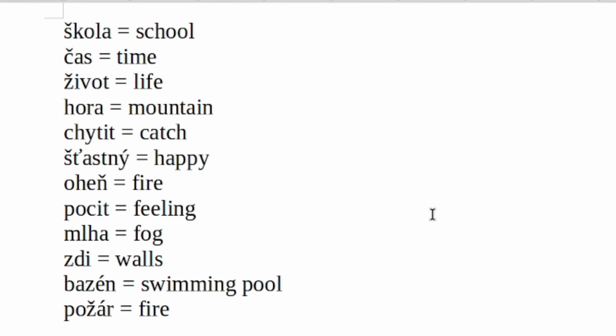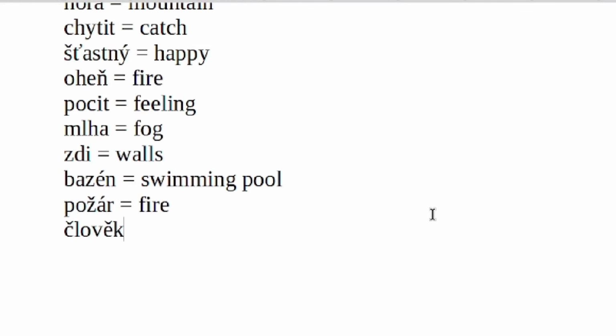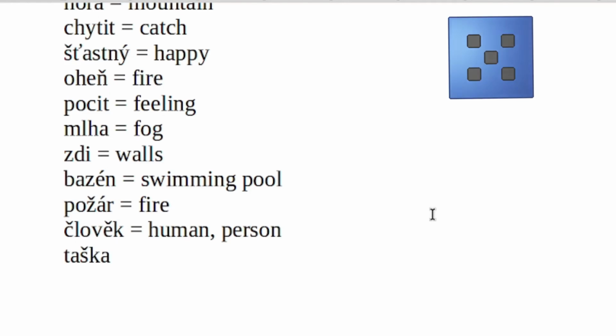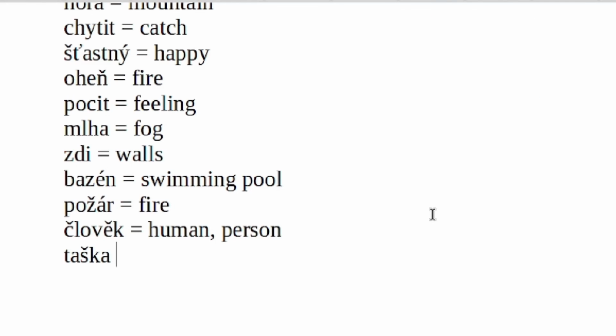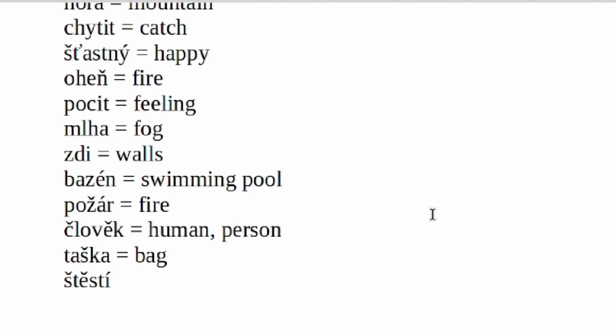That's again fire, but it's specifically used in cases when a building or maybe also a vehicle is on fire. Člověk. That's a human or person. Taška. And that's a bag. Štěstí. And that is luck.